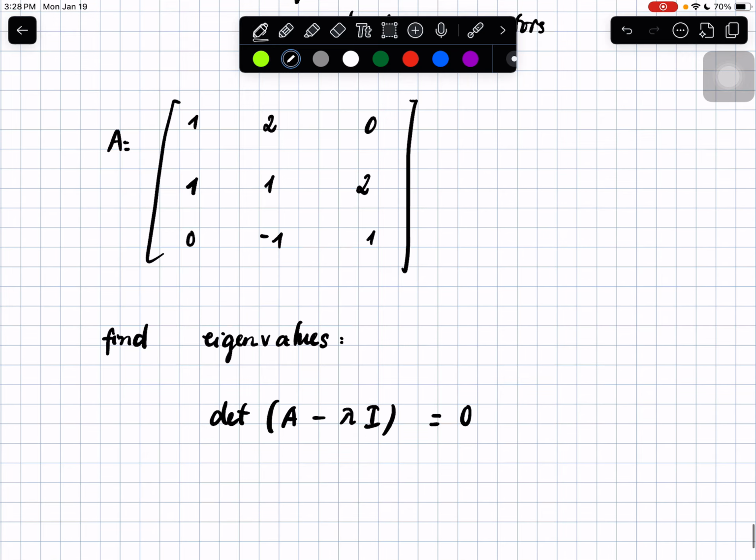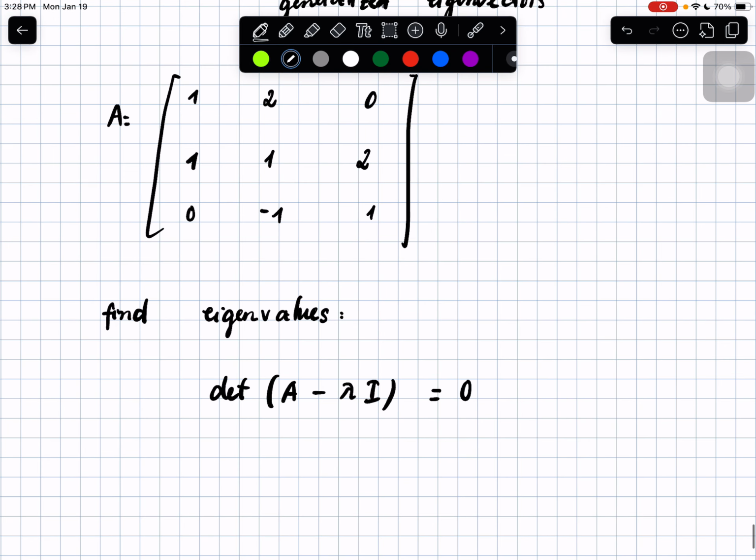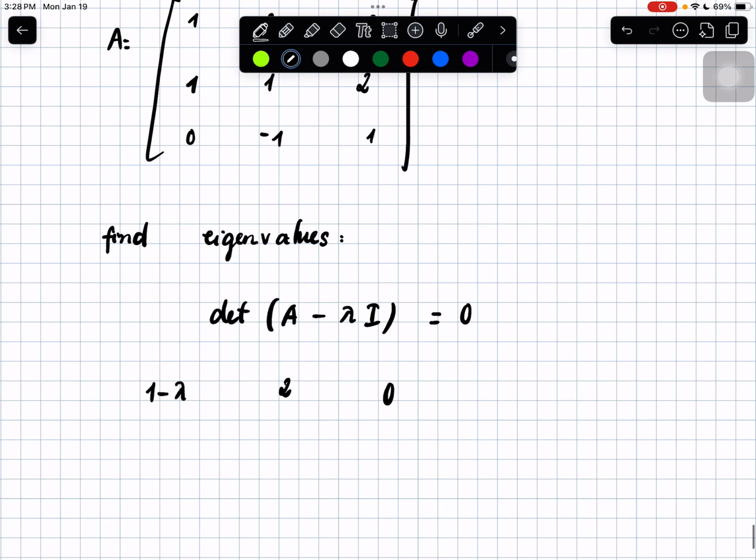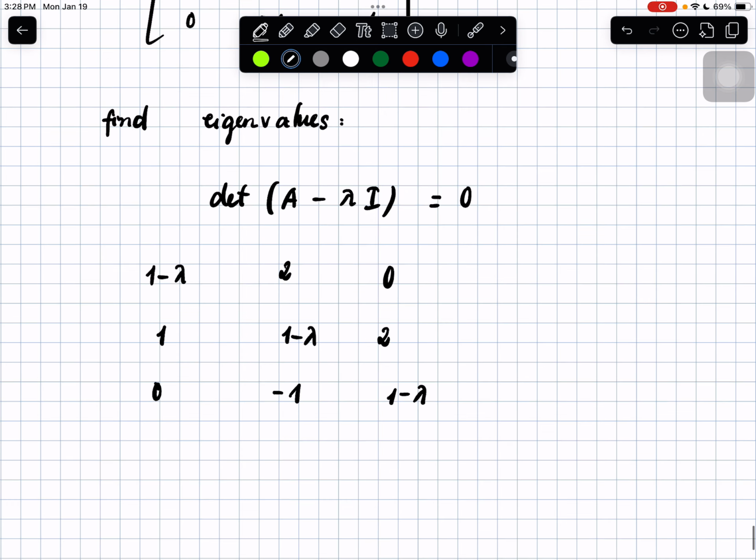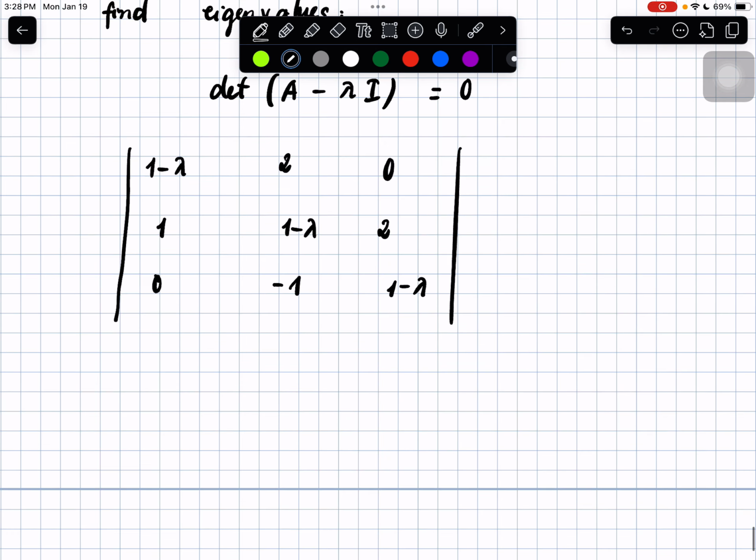A is this matrix, so A minus lambda I is [1 minus lambda, 2, 0; 1, 1 minus lambda, 2; 0, minus 1, 1 minus lambda]. Take the determinant of this.